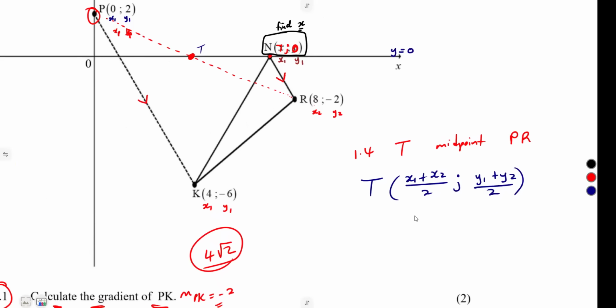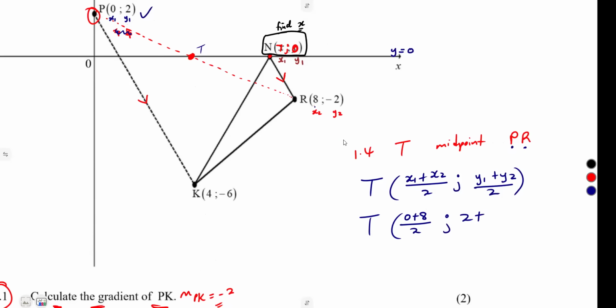So that's going to give us the midpoint of PR, P and R. We already have the values of x1, y1, x2, y2, so that is what we are going to use. At point P, our x is 0 plus, at R, x is 8. Remember, we're working with P and R, over 2. The y value at P is what?